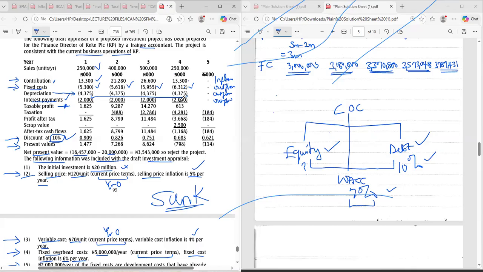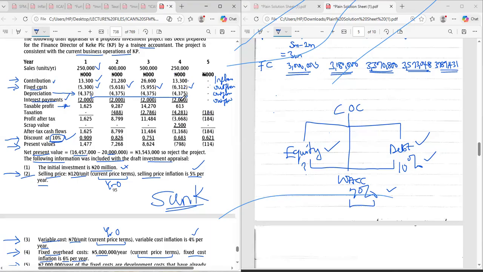Point number 4, let's write. Straight line accounting depreciation has been used (this is not accepted for tax purposes) instead of the reducing balance method at 25%.